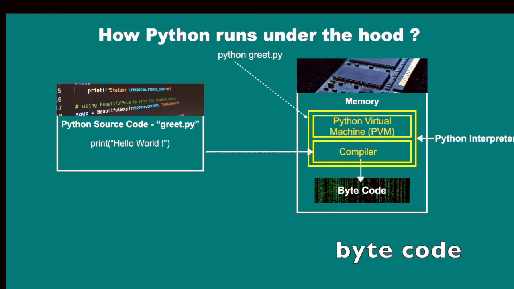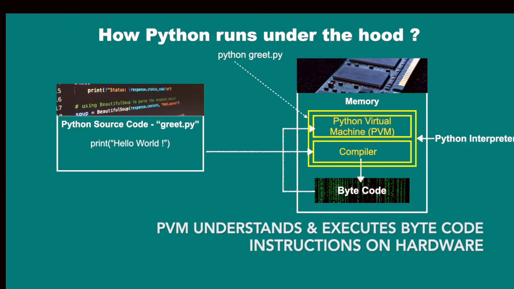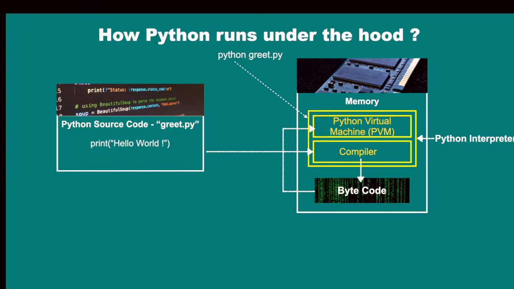But the processor will not be able to understand this bytecode. The Python virtual machine, which is the other part of the interpreter, understands this bytecode and executes the bytecode instructions on the hardware. So here the Python virtual machine is doing the work of the processor.